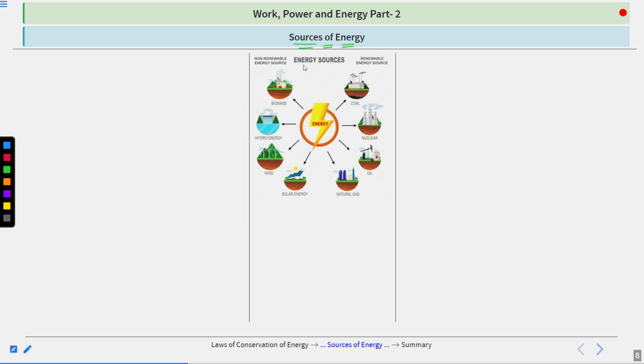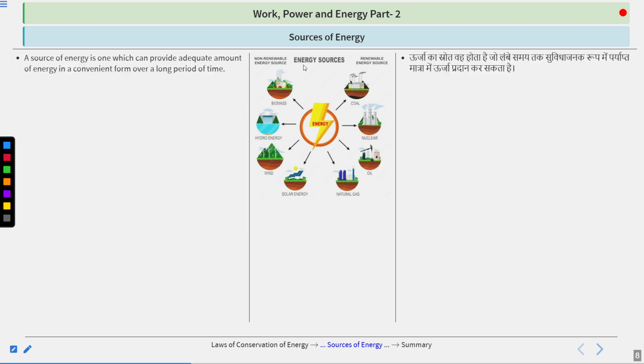A source of energy is one which can provide an adequate amount of energy in a convenient form over a long period of time. Any source we define as an energy source must be able to provide the adequate amount, which means the amount that we require, in a convenient form, a form that we can utilize easily, and not for a short period but for a long period of time. Then it is known as a source of energy.